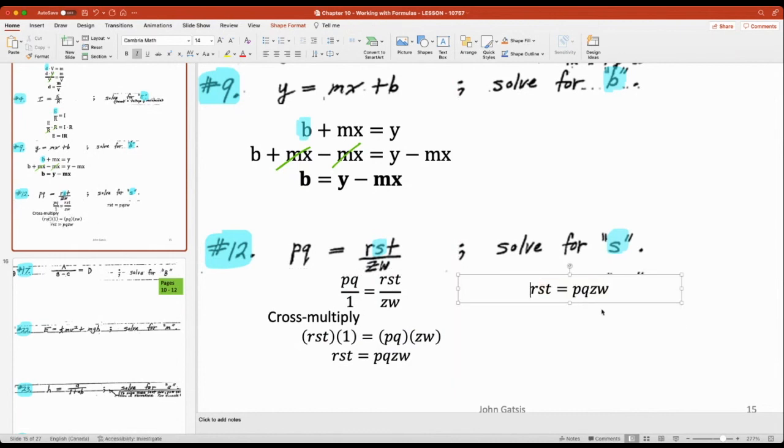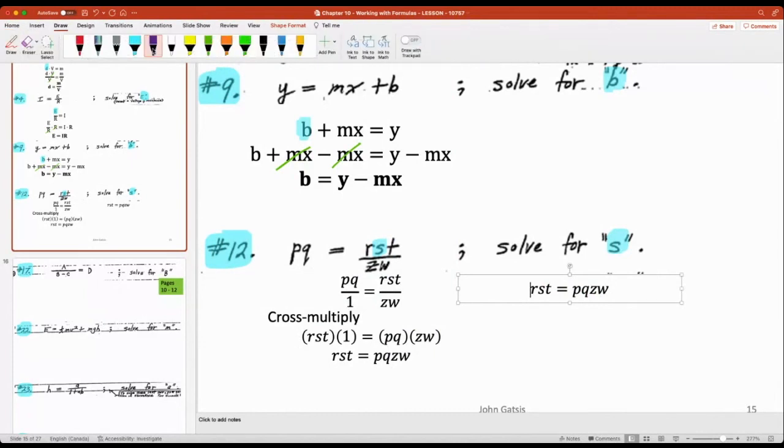So we have this equation here. We're trying to solve for S. Currently though, I see that we have R and T. R and T are multiplying the S. So we want to do the opposite of multiply. So we're going to divide both sides by RT, because whatever you do to one side, you do to the other side.